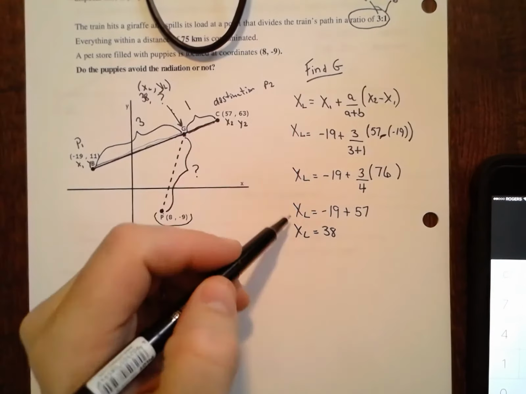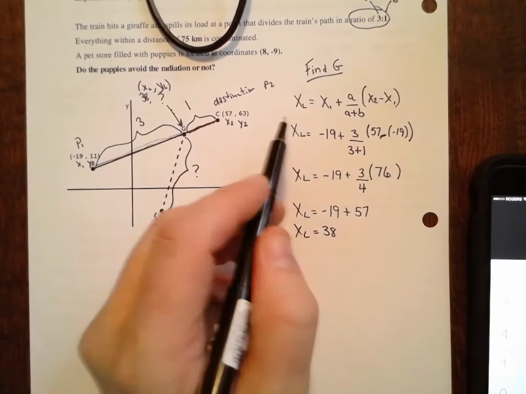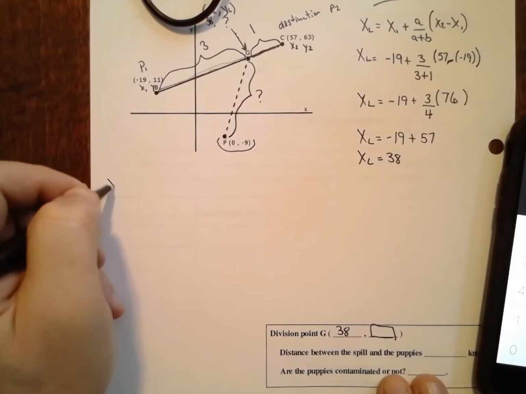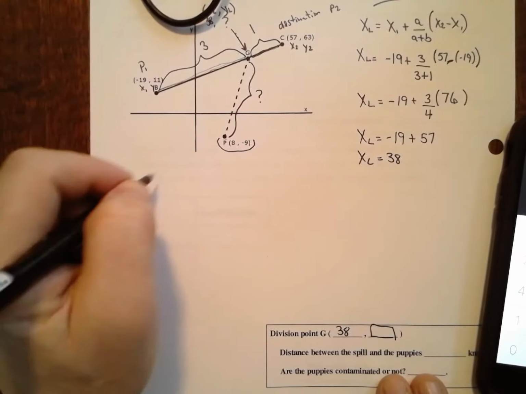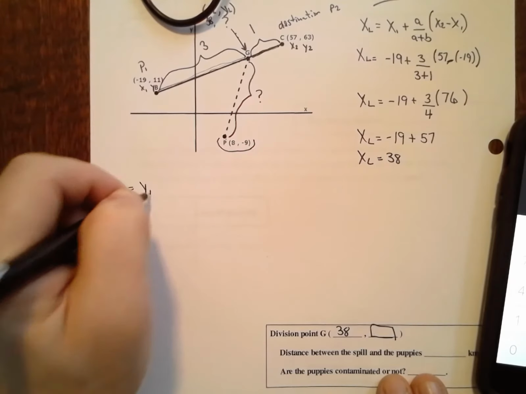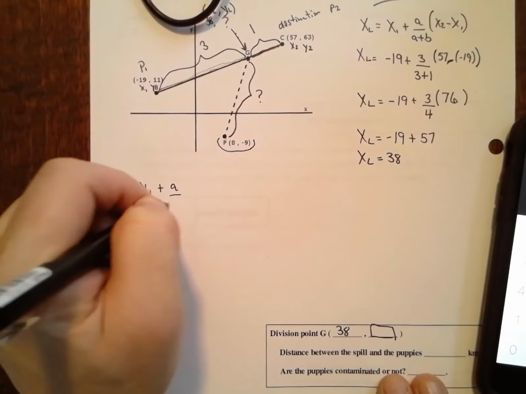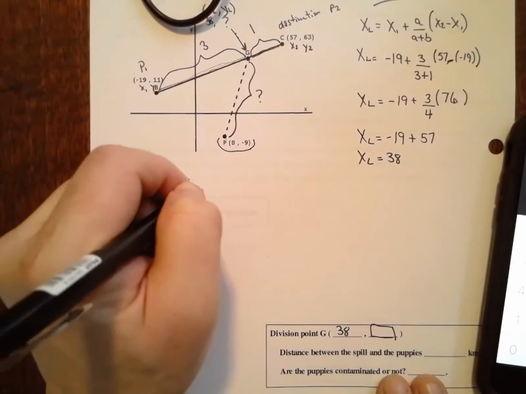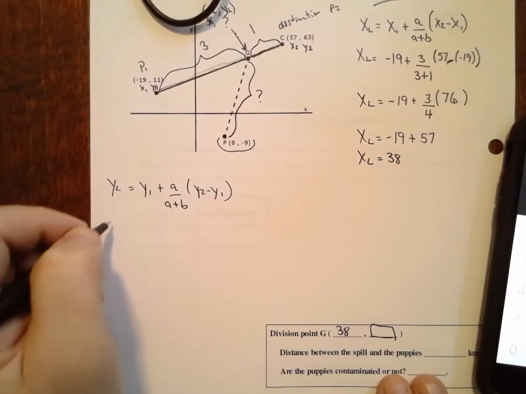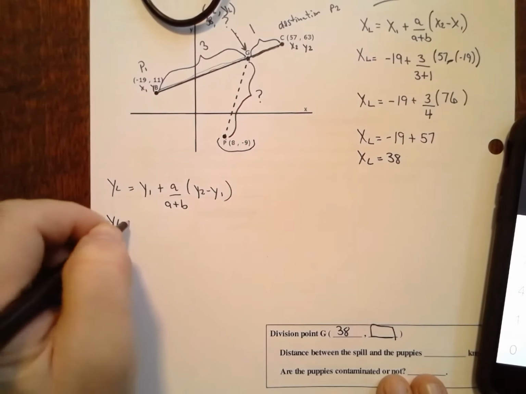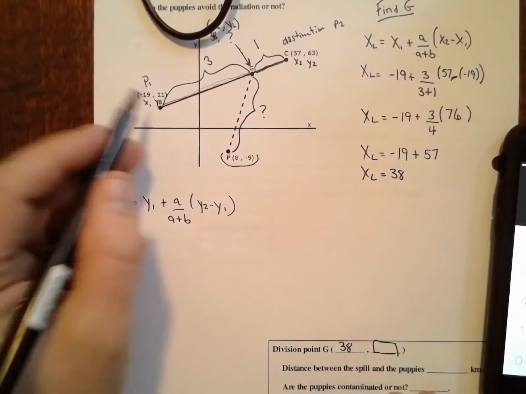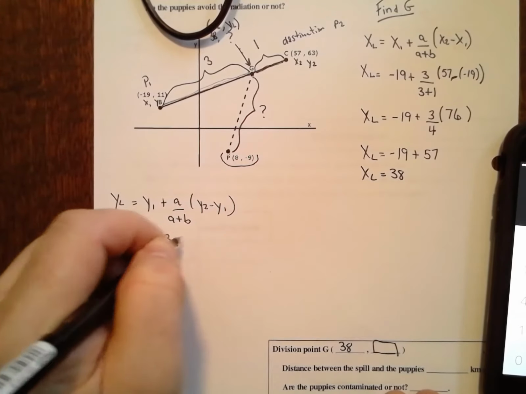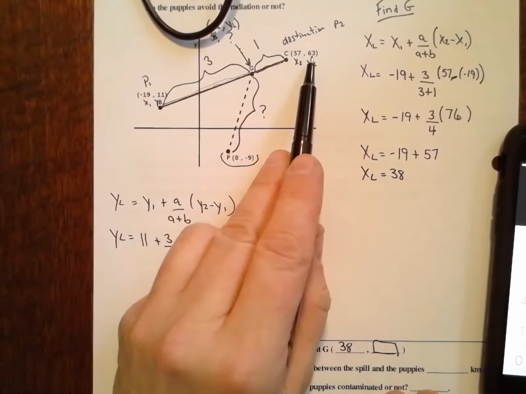So we'll use the same formula, except instead of x's, we're going to use the y's from the equation. I'll do that down here. So YL, the located L, will be equal to y1 plus the ratio a over a plus b times y2 minus y1. So YL equals, y1 is 11, plus we already know that comes to 3/4, and the y2 is 63.